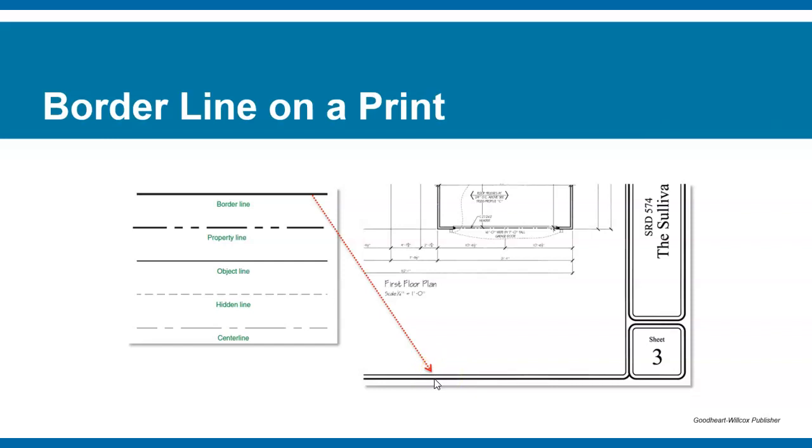This is also considered a border line, but it's the line that is the title box. So it's the margins, the outside. It's another form of border. So it's a wider border. So a border within a border.